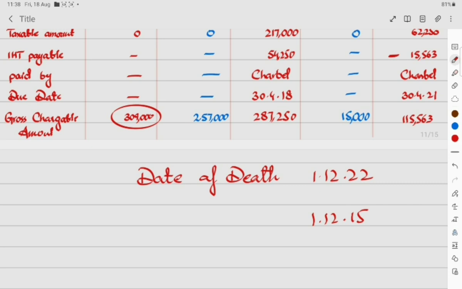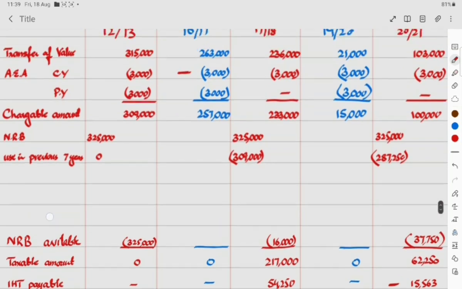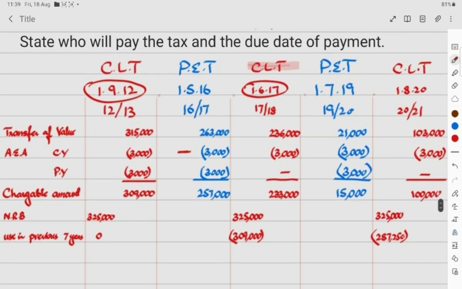If this is a potential exempt transfer, it becomes chargeable, and if it is a chargeable lifetime transfer, we have to again calculate the inheritance tax on death, at the death rate. So the first gift was made on 1st September 2012, so it is not considered to be calculated again.